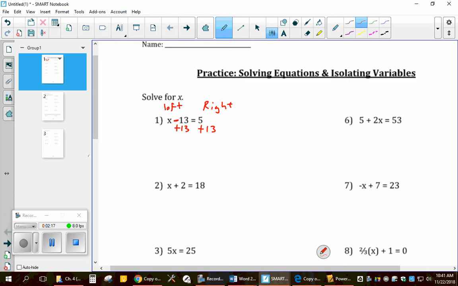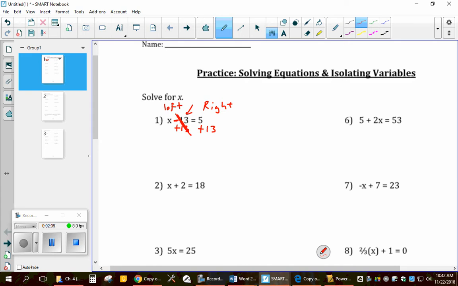The reason why I'm doing this is because if you look up here, I had negative 13 plus 13. Well, what is negative 13 plus 13? You're at negative 13 and then you move 13 to the right. Where are you at? You're at 0. So they really cancel each other out. They're gone.